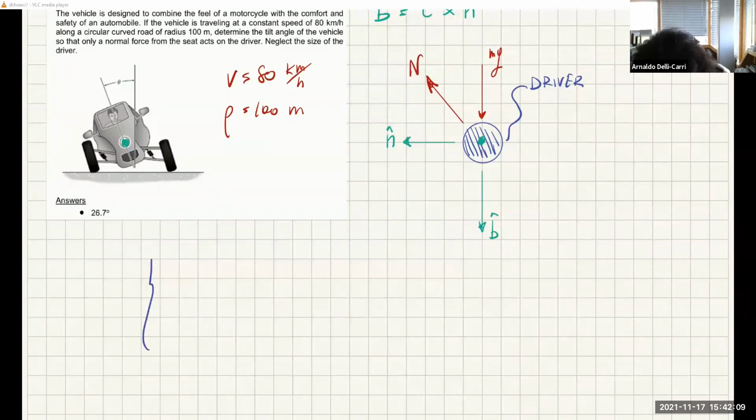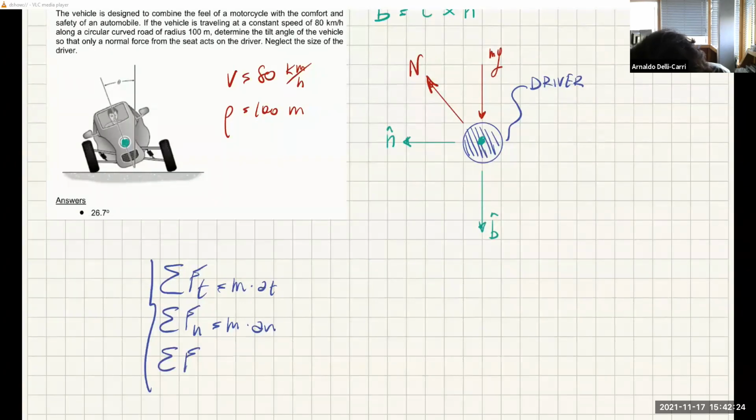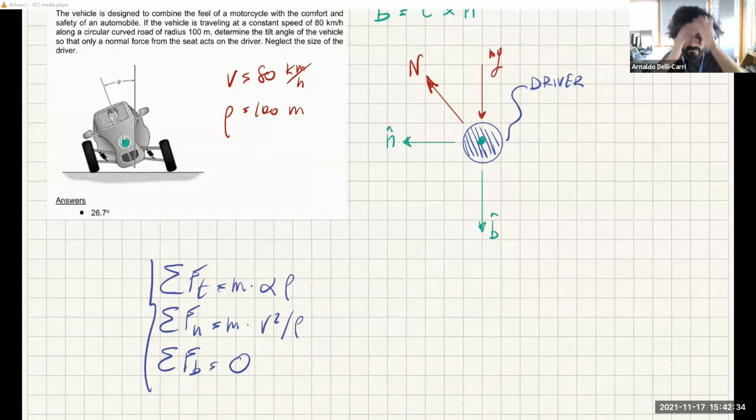We need 3 equations, for which the first one is useless in this case. Zero, and also let me explicitate these as alpha rho, and since we want again V, I'll use V squared divided by rho. Since we have rho.